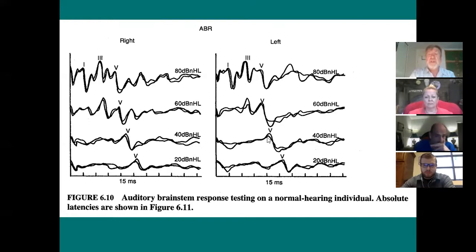At 40, you only see peak 5, and at 20, you still see peak 5. That means the person can hear all the way down to 20 decibels. Pretty darn good. So this application of the ABR is done for threshold testing for people who cannot or who will not respond behaviorally by raising a hand or pushing a button.